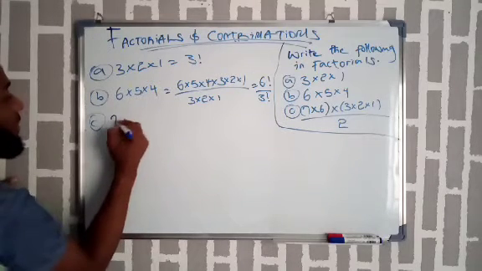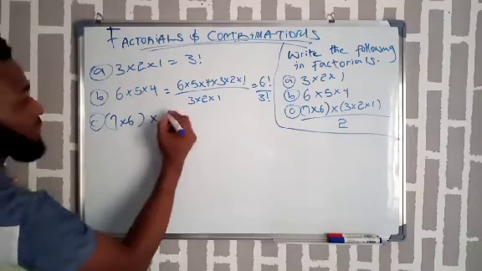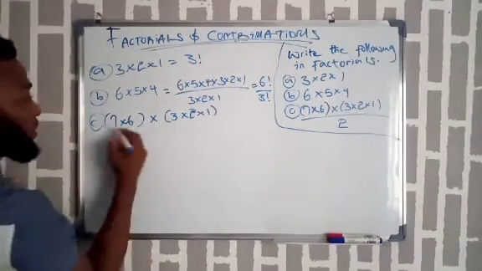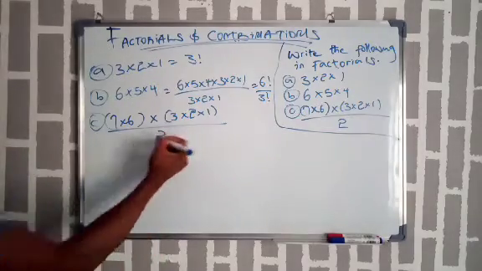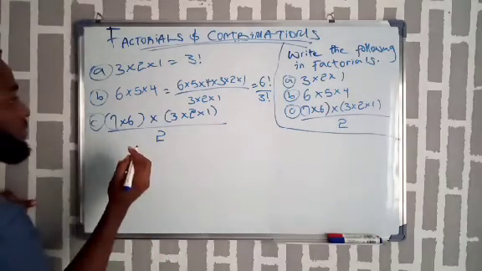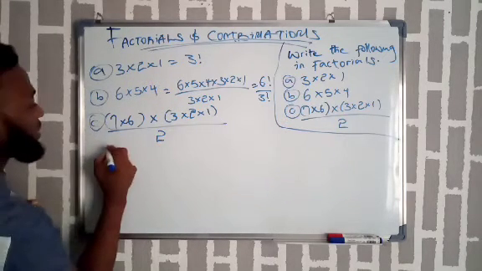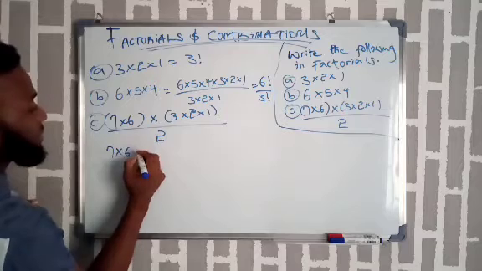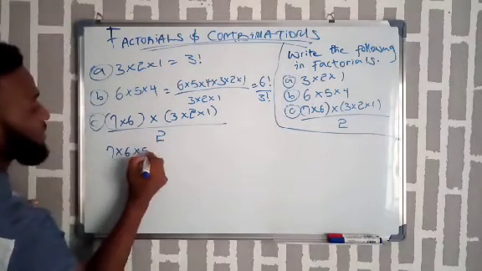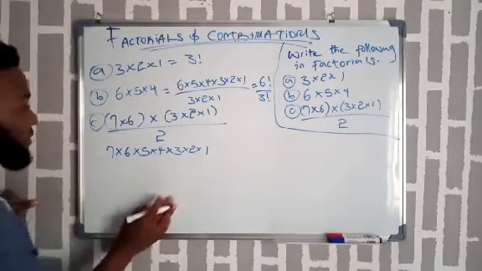And then this 7 times 6, multiplying 3 times 2 times 1 over 2. Yeah. So now this can become 7 times 6. Now there was something down that cut out this that made it become just 7 times 6, which is 5 times 4 times 3 times 2 times 1.